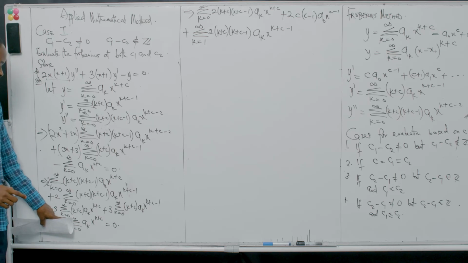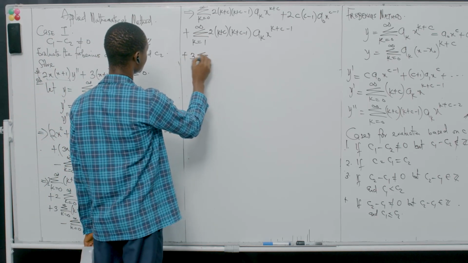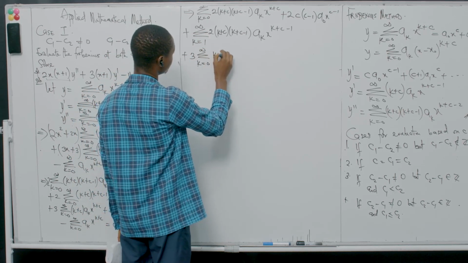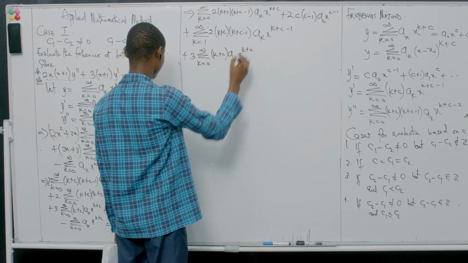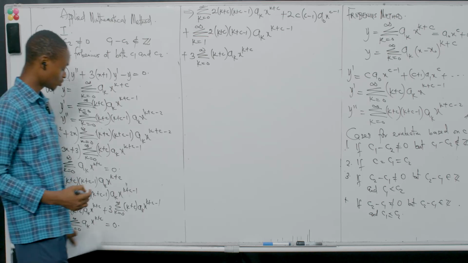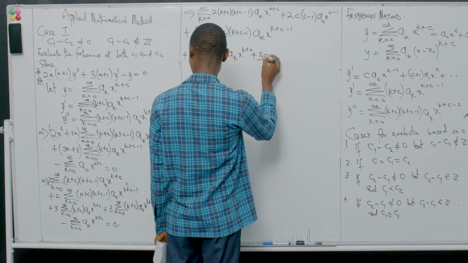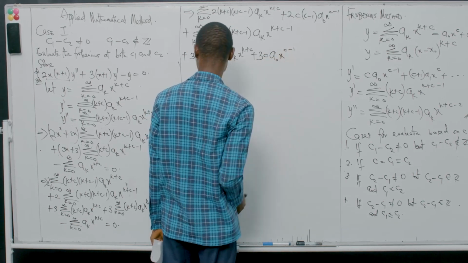Here I have no problem. I have 0, I have k plus c. So I'll just bring it back. Plus 3 summation k starting from 0 to infinity, k plus c, a k x to the k plus c. But here I will also do the same thing. When k is equal to 0, I'll bring it out. I'll have plus 3c a naught x to the power c minus 1.